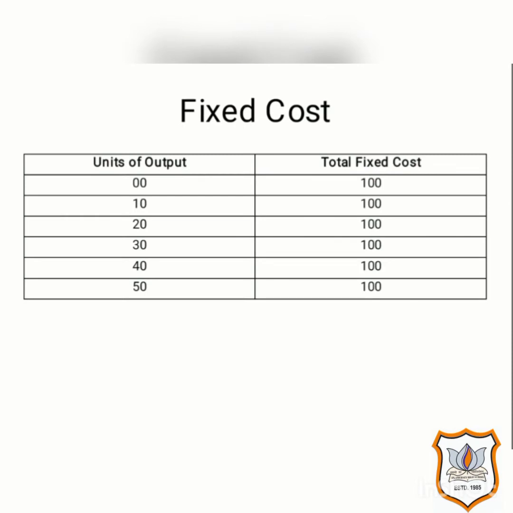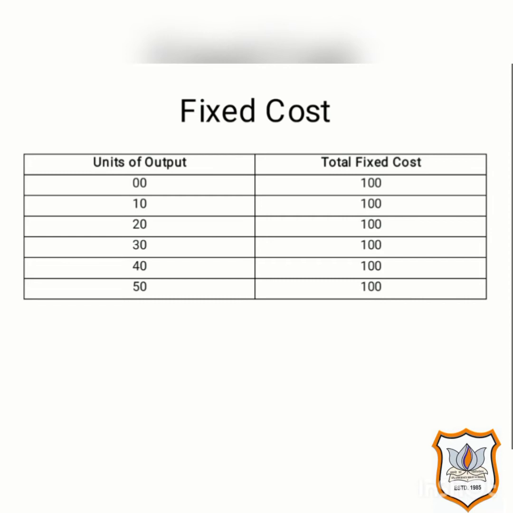Now in order to understand this concept of fixed cost in a better way, a schedule has been given over here. As seen in the schedule, even when production was zero, and also when production increased from 0 to 50 units, fixed cost remains the same.